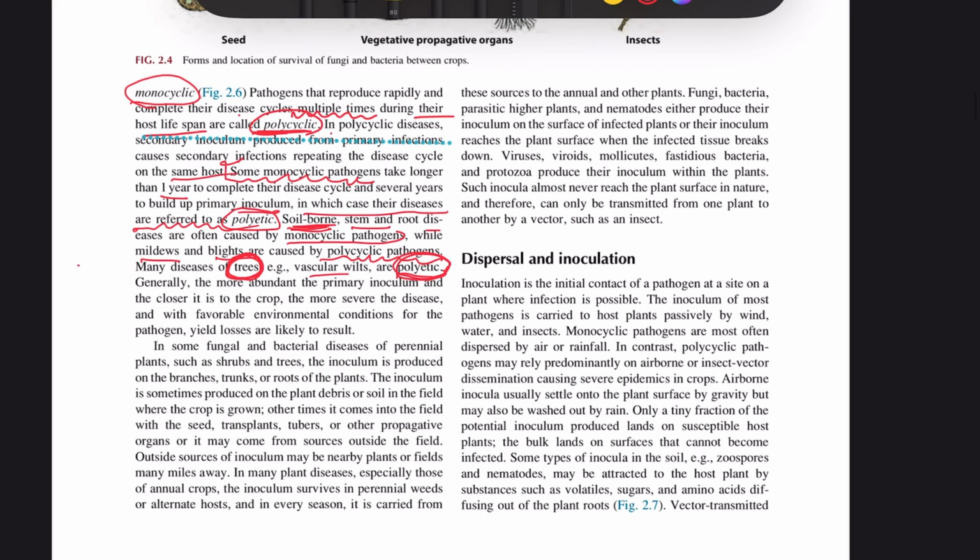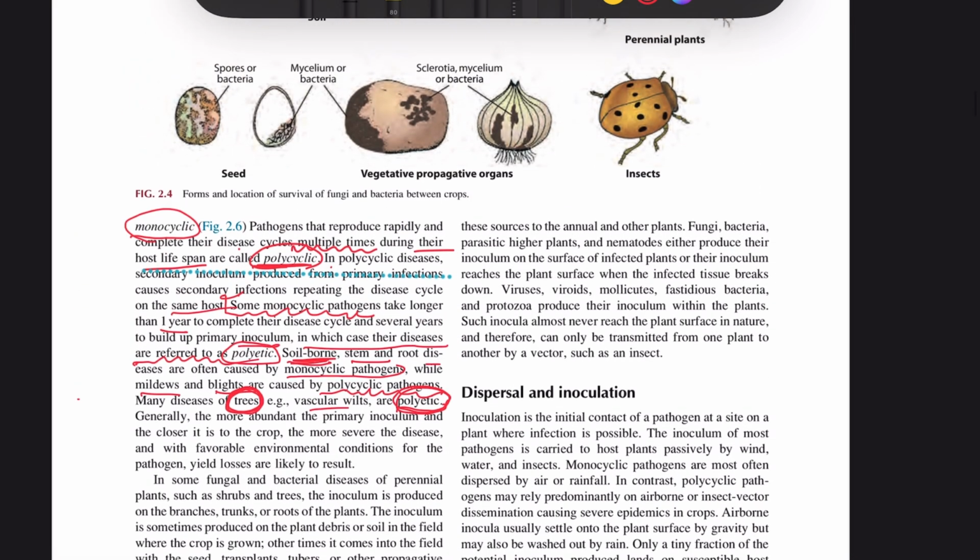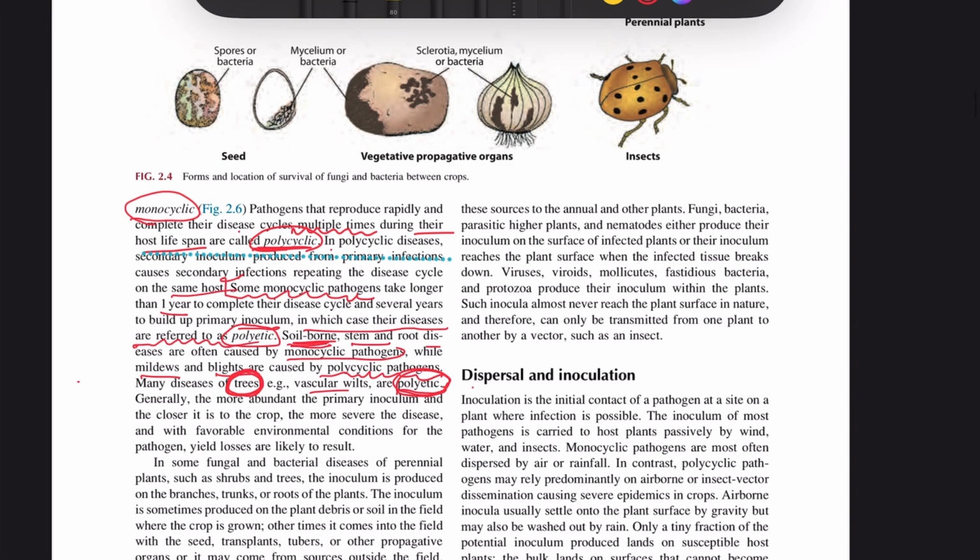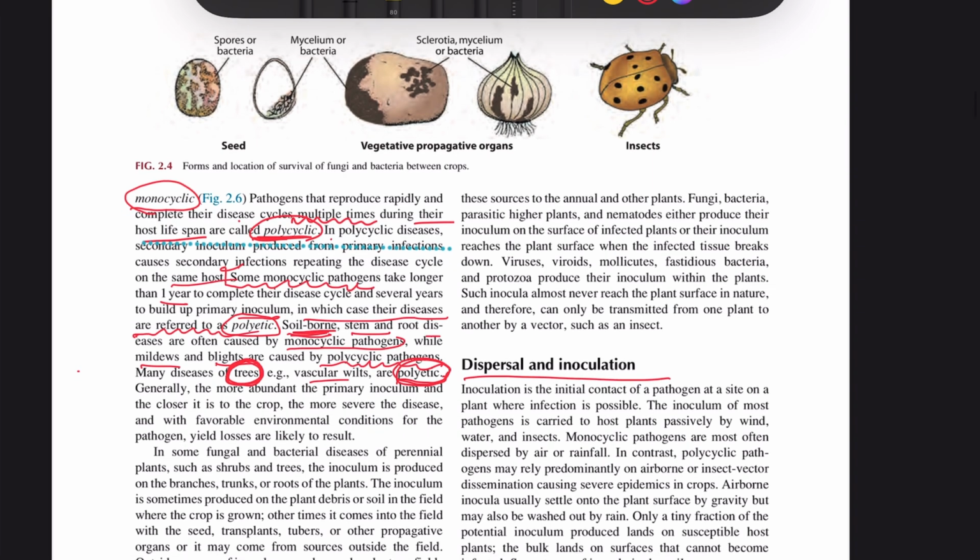Okay, we can move on to dispersal and inoculation. Monocyclic pathogens are often dispersed by air or rainfall. In contrast, polycyclic pathogens may rely predominantly on airborne or insect vector dissemination, causing severe epidemics in crops.